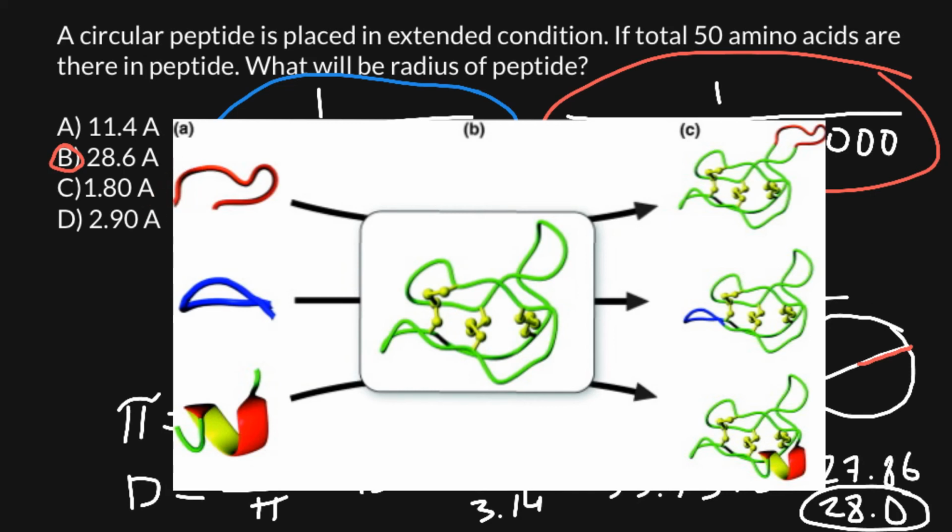Usually these two termini wouldn't make a perfect circle and wouldn't make covalent bonding here, because in most cases these two ends would be separated by a certain distance that prevents them from bonding and making a circular peptide.